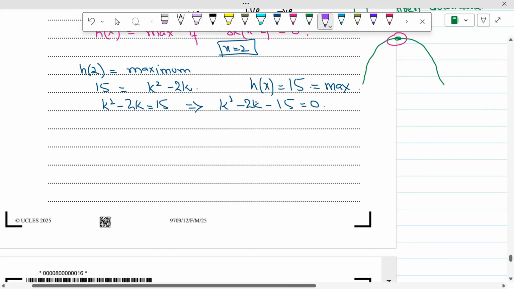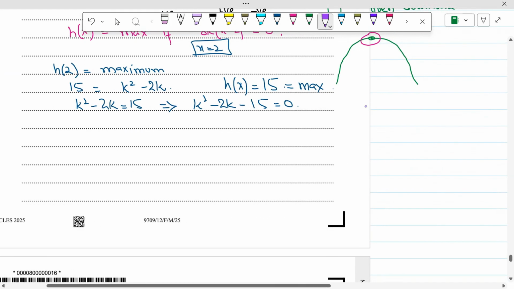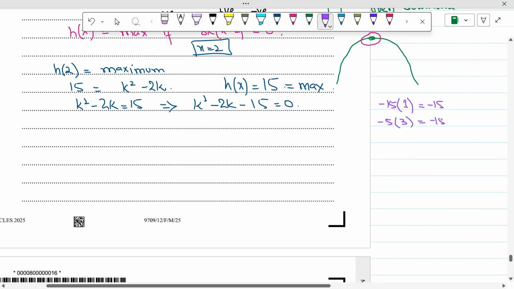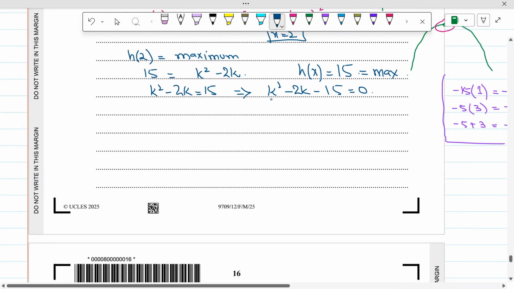This is a quadratic equation and can be solved by factorization. For example, negative 15 times 1 is equal to negative 15, and negative 5 times 3 is equal to negative 15. When we add negative 5 and 3, we get negative 2. So we can use these to solve this quadratic equation.